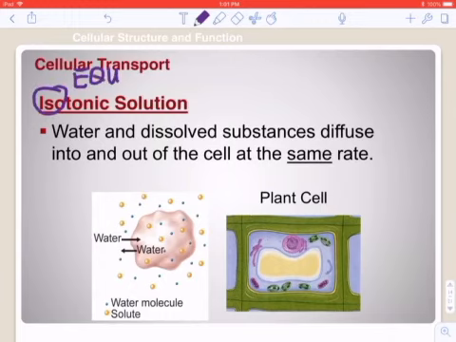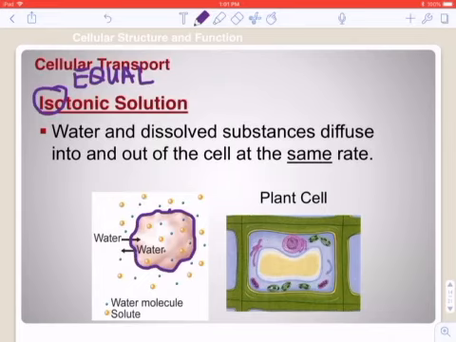So what that means is if we're going to compare the environment inside a cell versus the environment outside the cell, in this image here you have your cell, this is the cell's normal shape, and then out here in this white area is the environment around the cell.